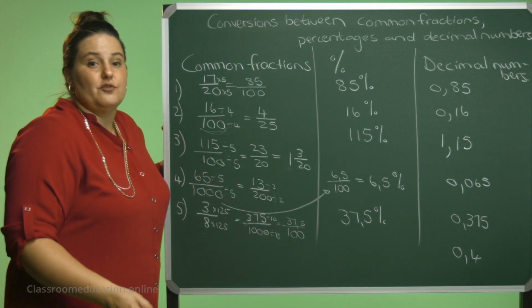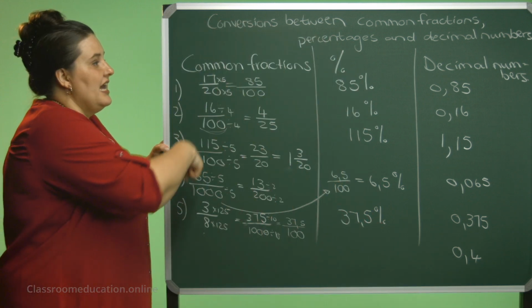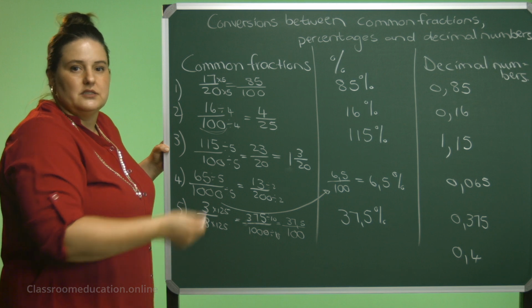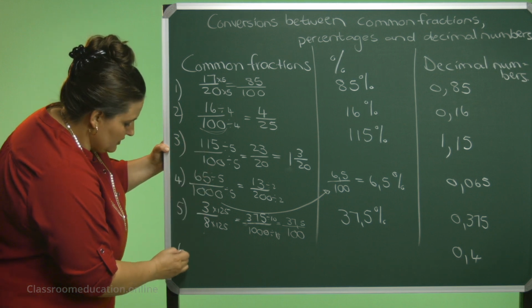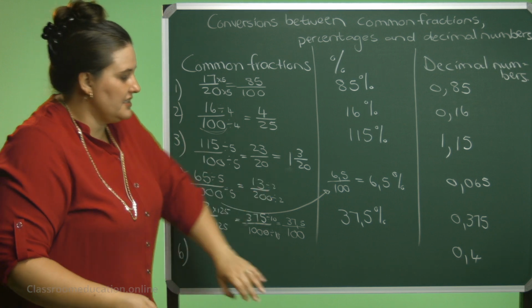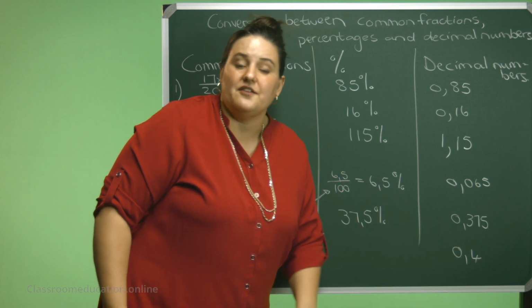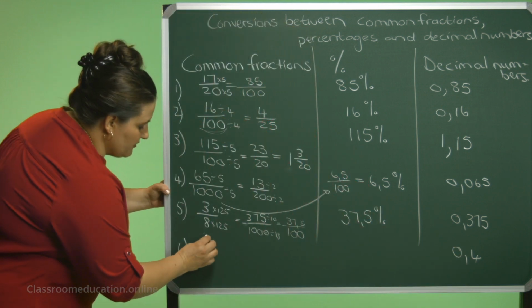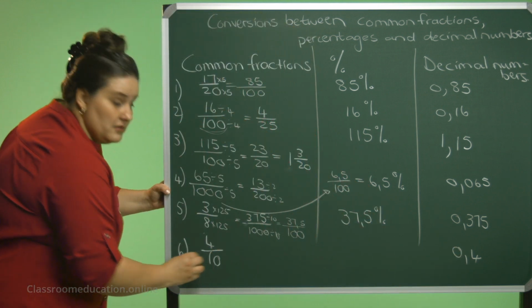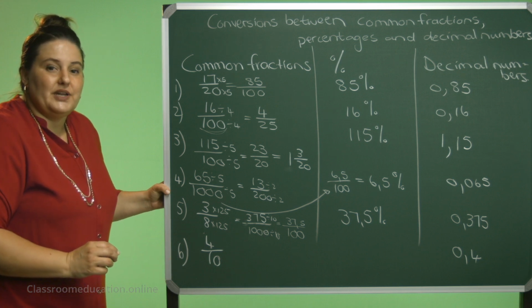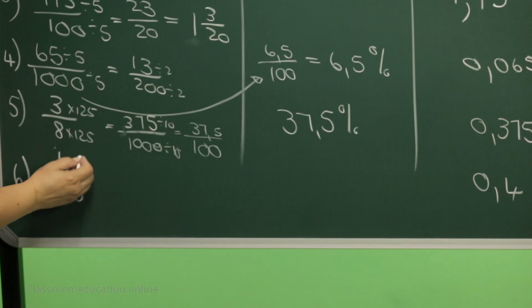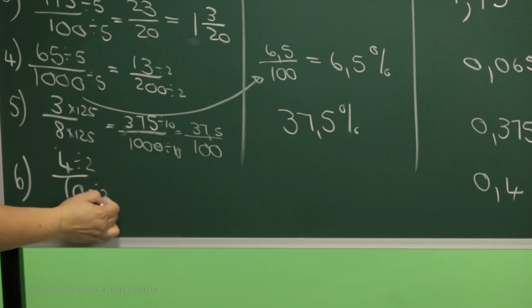Okay, last one. If I'm giving you 0.4 and I want you to write it as a common fraction and a percentage, start with a common fraction. 0.4, this is in the place value of the tenths. So it means it's 4/10. Okay? And to put it in the simplest form, maybe divide by a 2 in the top and bottom.